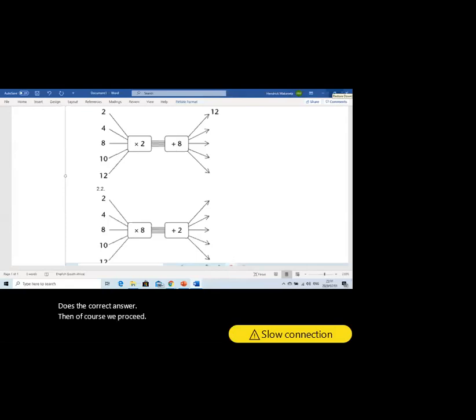Katleho says 18, and then Lesedi also 18. Okay, this is the next one, I believe. 2 times 8 is 16, plus 2 is 18. I agree. Yes, Natalie also agrees. And then let's go to the next one. We have 4 times 8.